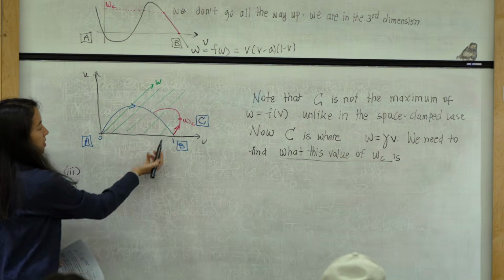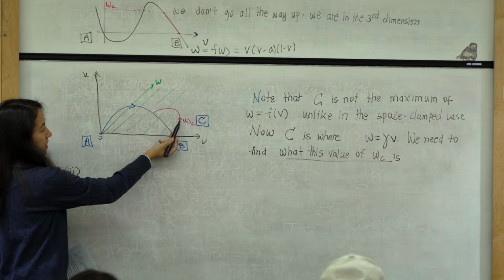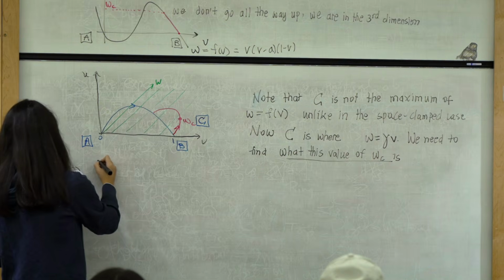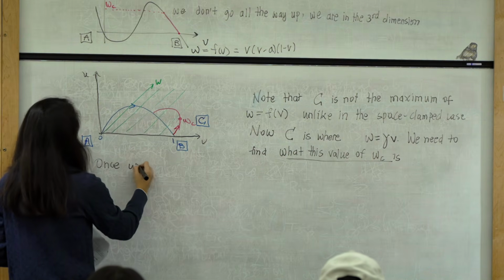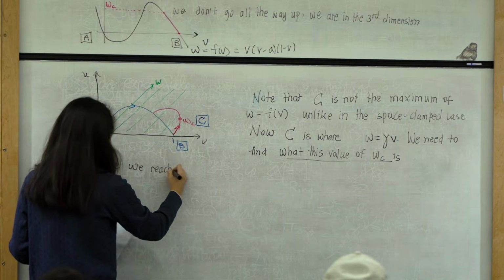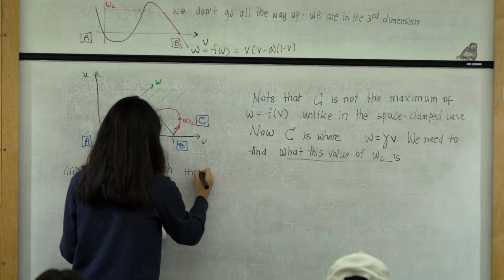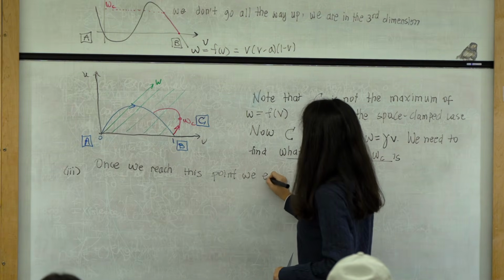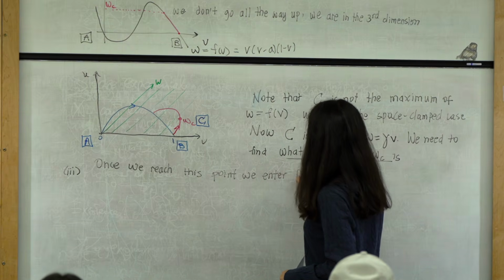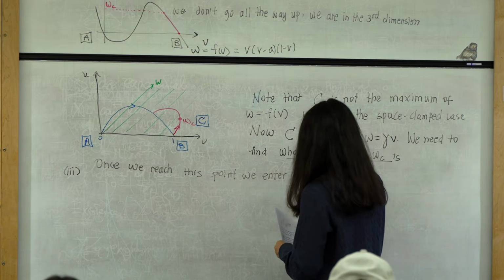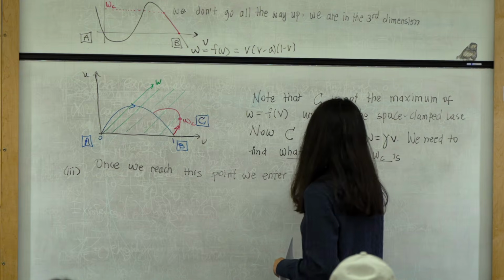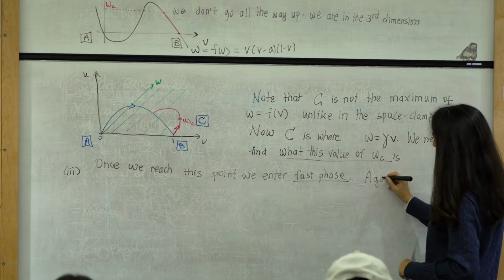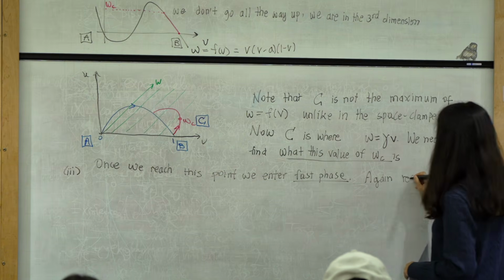So once you reach this place right now, we will have another fast phase. Once we reach this point, we enter another fast phase. And I will do again a rescaling because I am in this phase. Again, rescale.